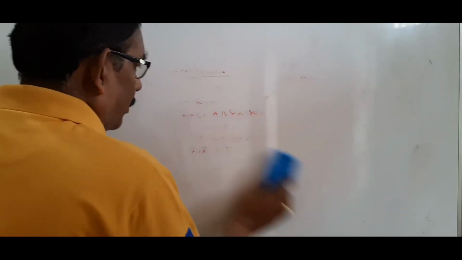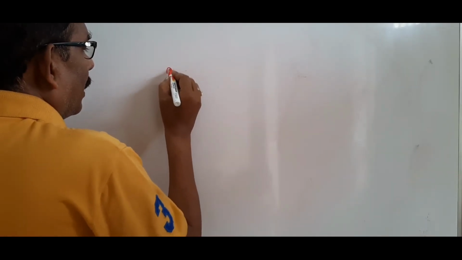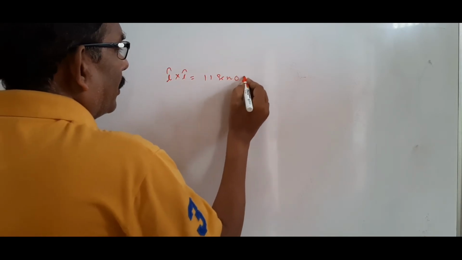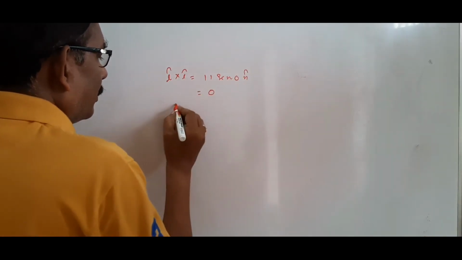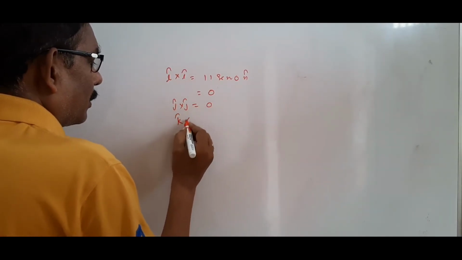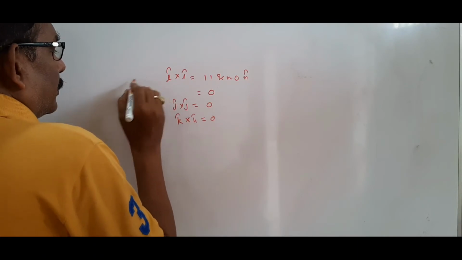Now the same vector, I cap cross I cap is 1 into 1 sin 0 n cap, which is 0. J cross J is also 0. K cross K is also 0.